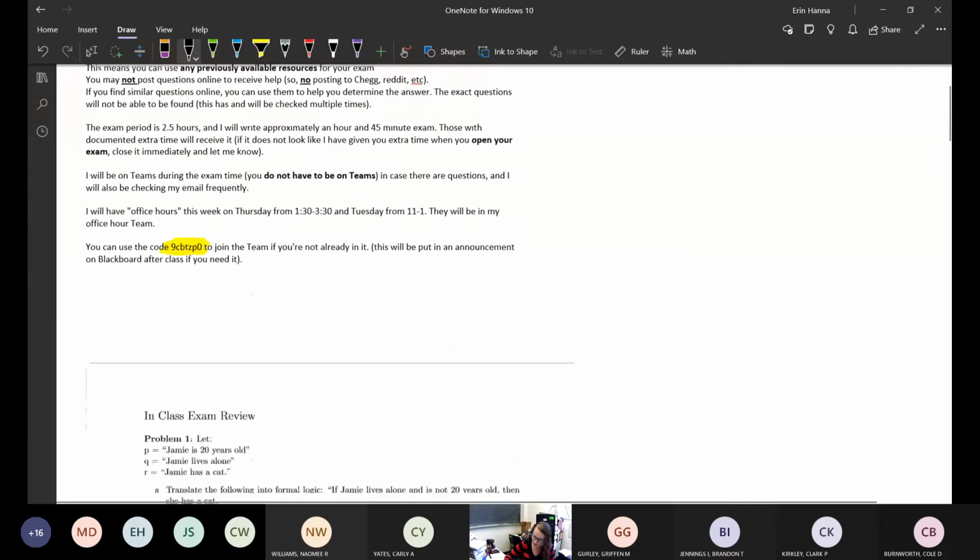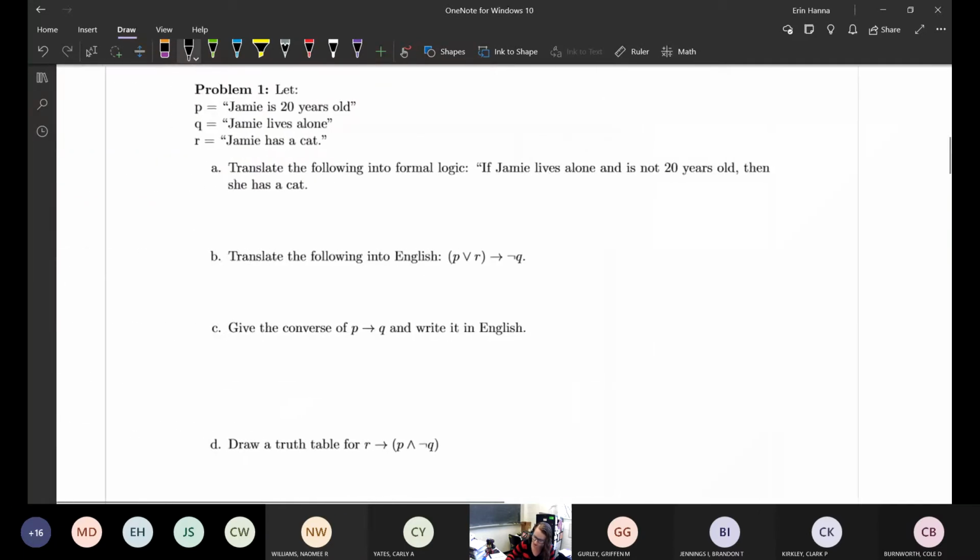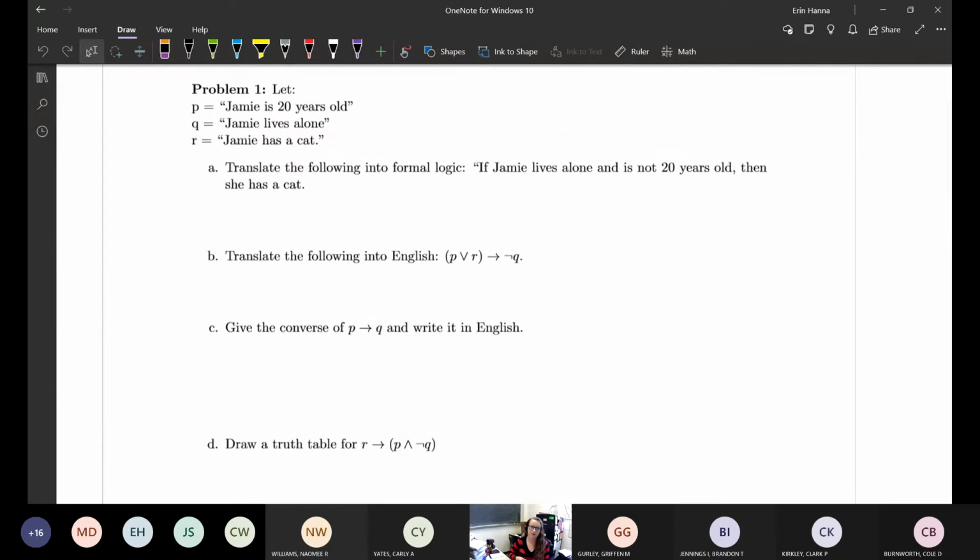So I'll pause every once in a while in case you're trying to write the questions down. And I'll post a blank copy and the filled out copy on Blackboard after class, because we might not get through all of it, but we'll see how far we get. We might get through all of it and then I have to think of more questions. Who knows?